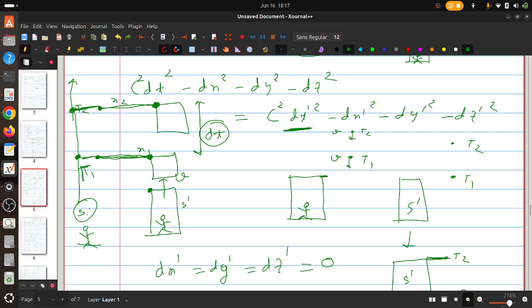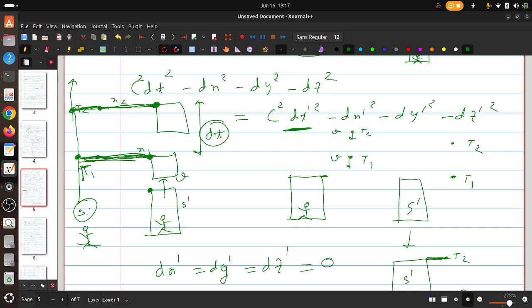Initially the car was here, and the trees are far ahead of the car. When the car moves, surely there will come a point where the first tree is aligned with the front end of the car, and then a second point when the second tree will align with the car. So I'm defining the events like this.